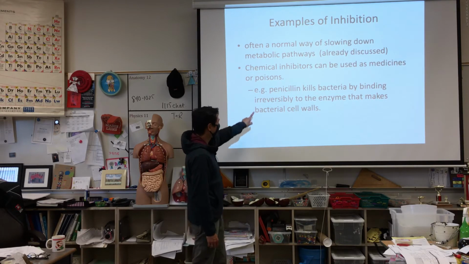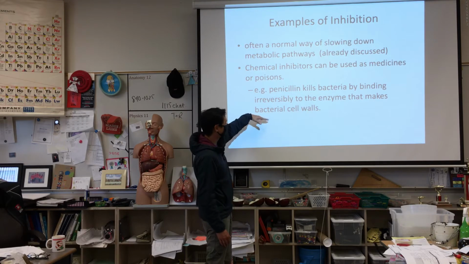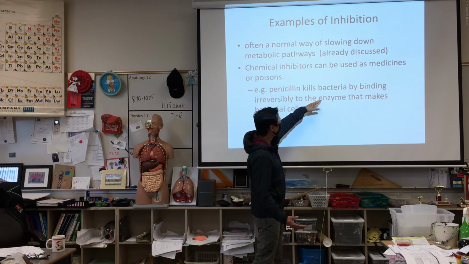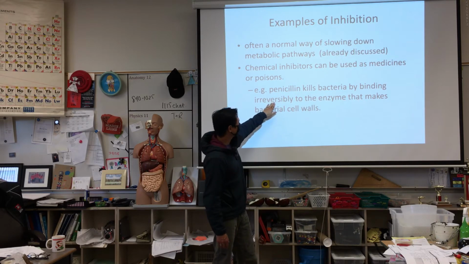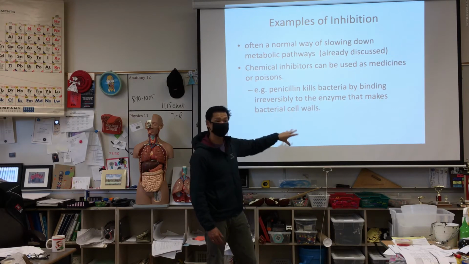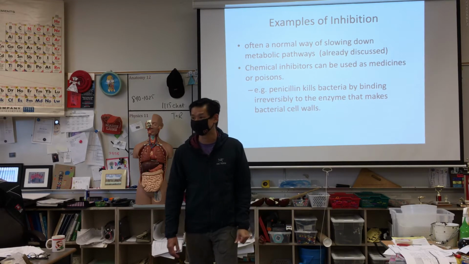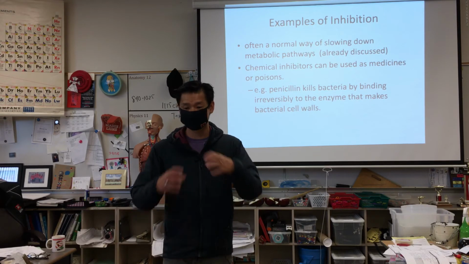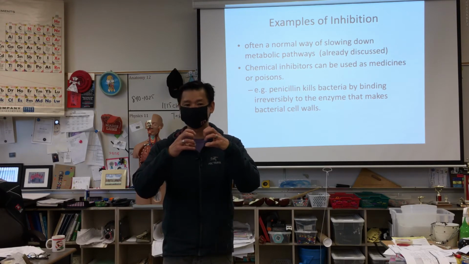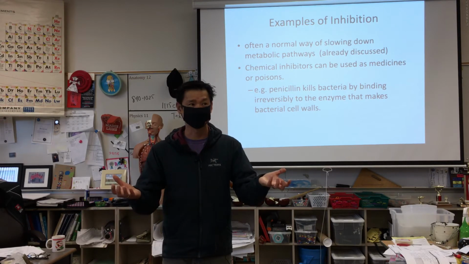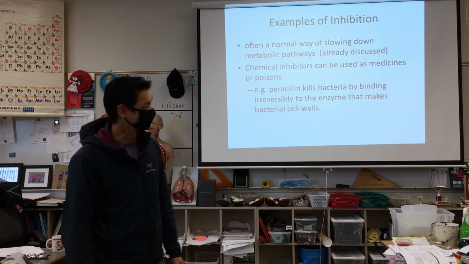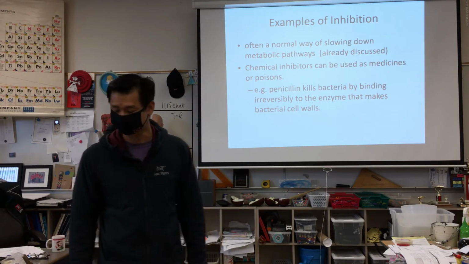It works by binding irreversibly to an enzyme that helps make the cell walls of bacteria. Without cell walls, bacteria don't survive. As it tries to divide, with no cell wall, both of them die. So it's a very important discovery in treating infections.